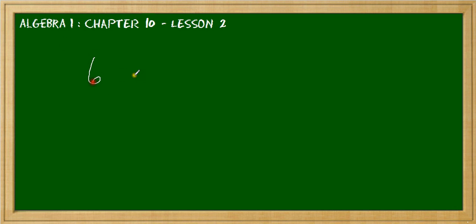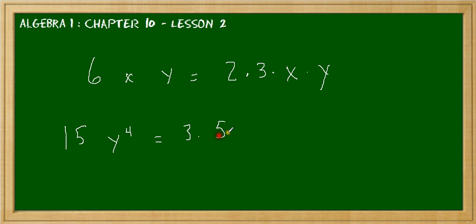So we have 6xy, which is 2 times 3 times x times y. And then we had 15y to the 4th, which is 3 times 5 times y times y times y times y.